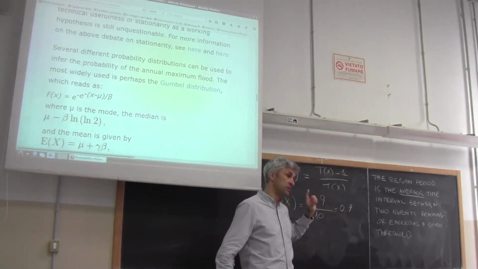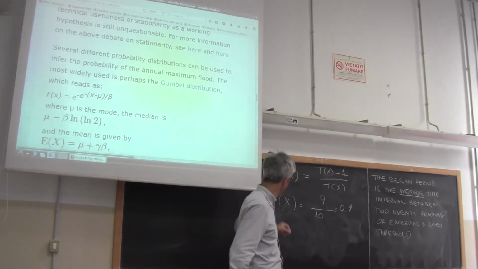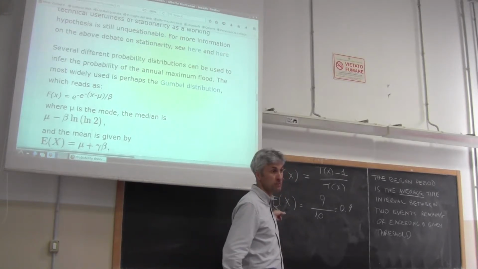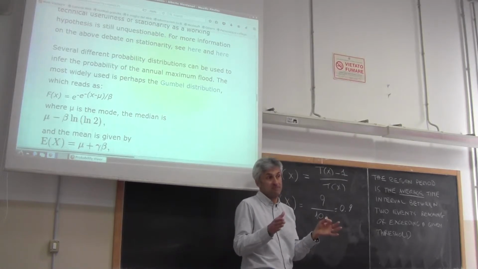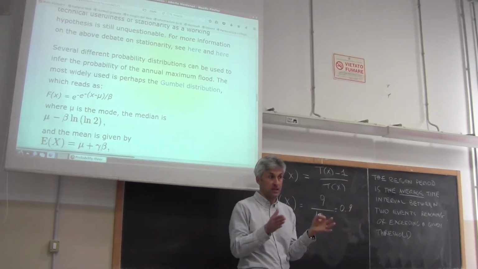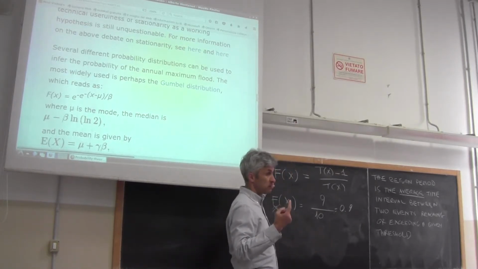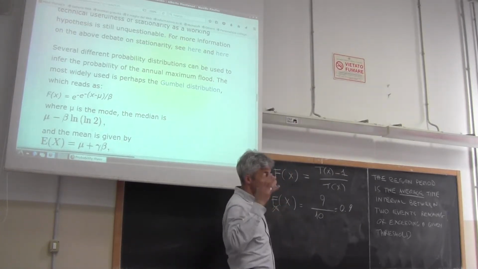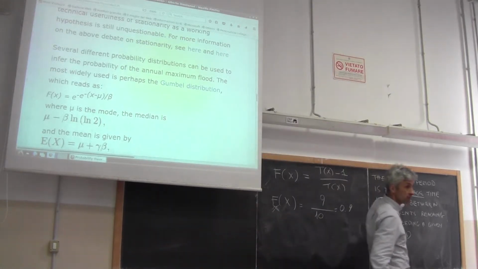Look, indeed we are talking here not of probability but of frequency. So I said probability, but I should speak about frequency because I'm referring to just 10 years. It's not a long period. And I said that the return period is 10 years, which is not really true because for the return period I should look at the average.